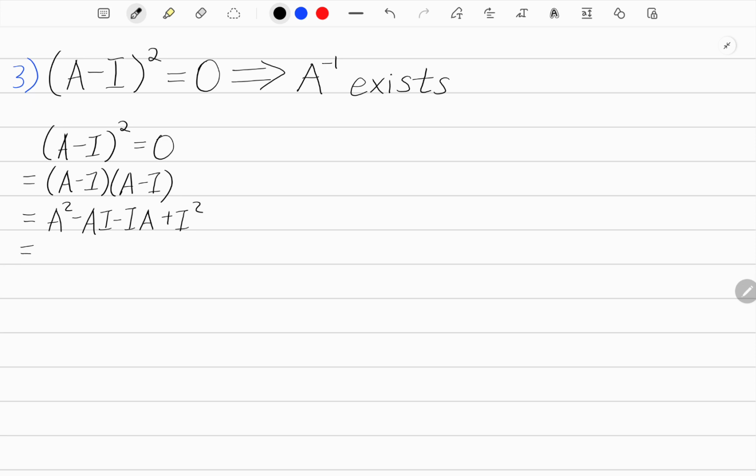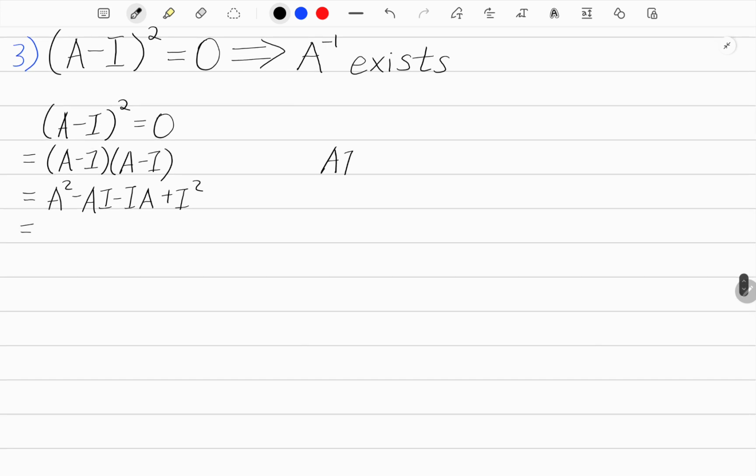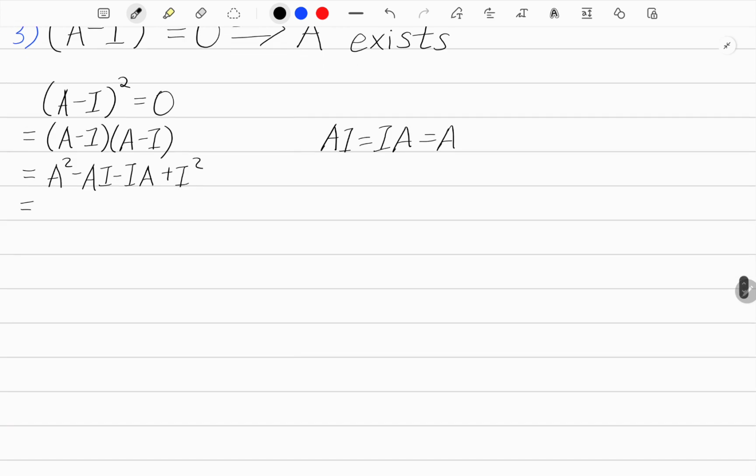And by the way, AI is equal to IA, because the identity matrix times any matrix is just itself, so it doesn't matter if you're multiplying on the right-hand side or the left-hand side. So this is A squared minus 2 AI.